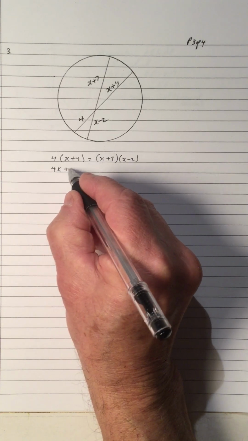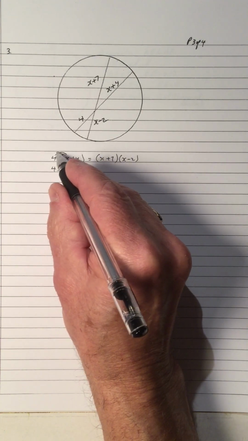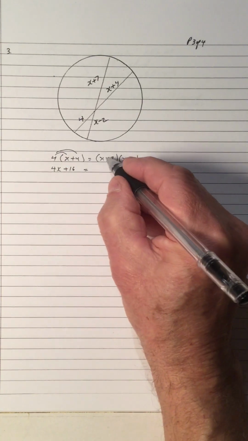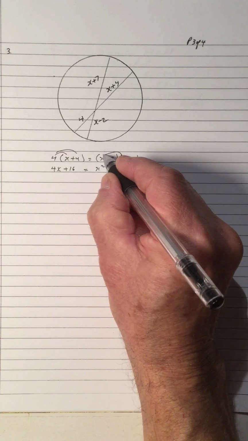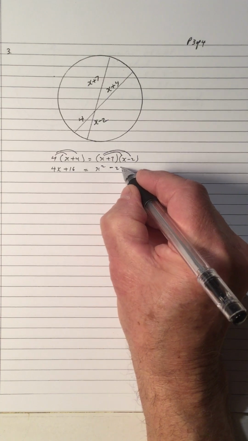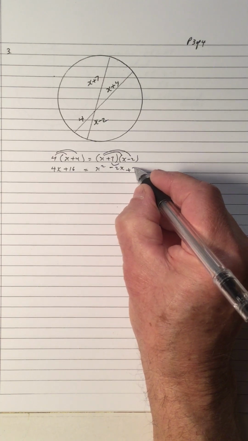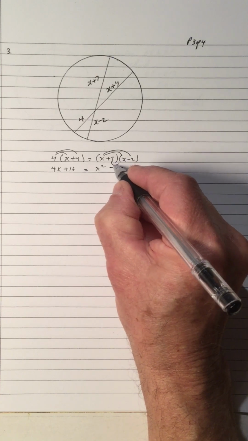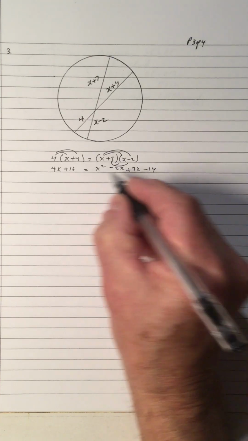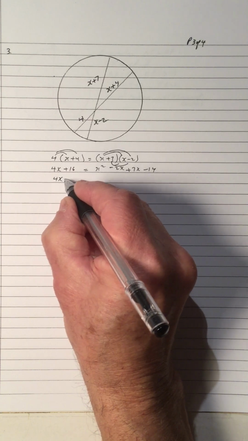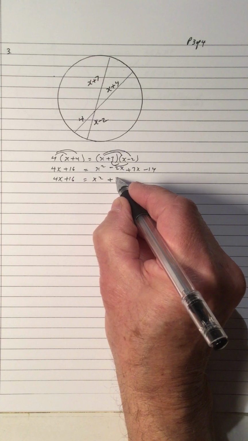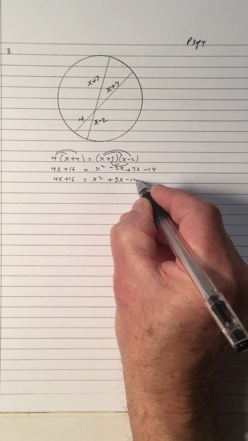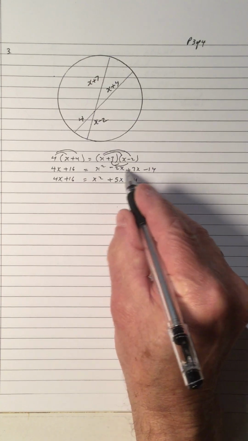So we have 4x plus 16, since 4 is multiplied by x and 4. And we FOIL the other side: x squared first, negative 2x outside, 7x inside, and last is negative 14. That gives us 4x plus 16 equals x squared plus 5x minus 14, after tidying up these two terms.